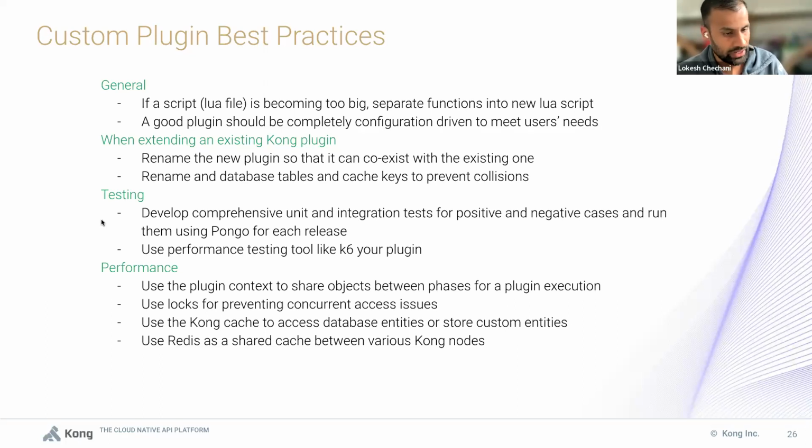And just leverage Redis as a shared cache, because our PDK provides a lot of those functions where you can just go and talk to Redis if you need it.